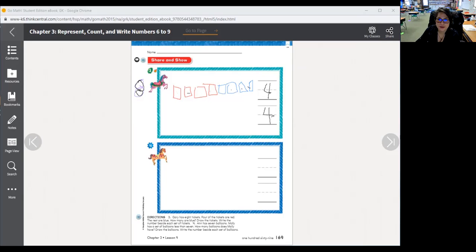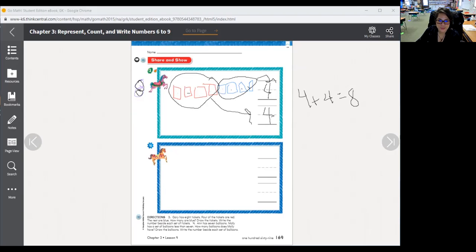So here, the 4 represents this group and the 4 represents this number of tickets, okay? And all together, 4 plus 4 equals 8. 4 red, 4 blue equals 8, because he has 8 altogether, okay?